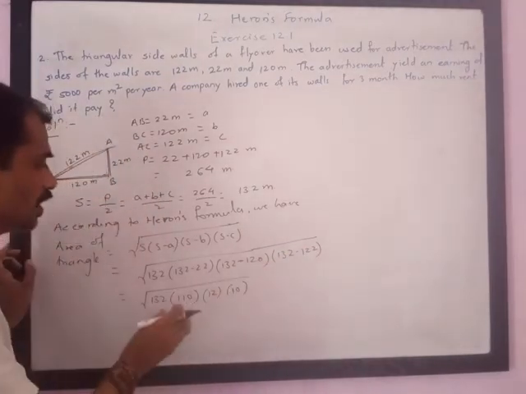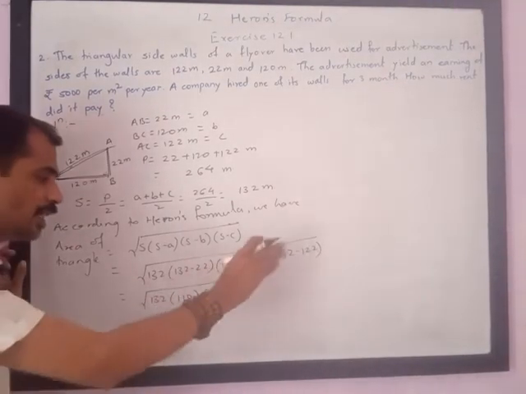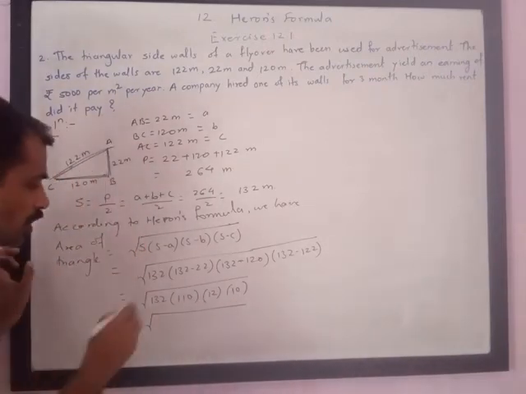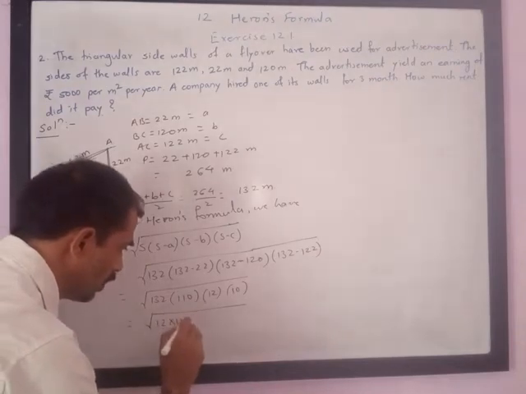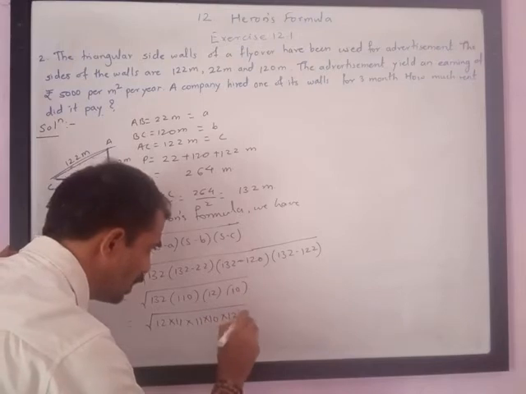Now what I suggest is that you factorize this in such a way that, instead of factorizing till the last, we will be able to take out of the square root. So this is equal to 12 into 11, 11 into 10, 12, 10.